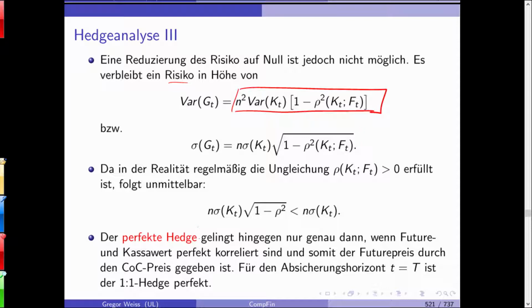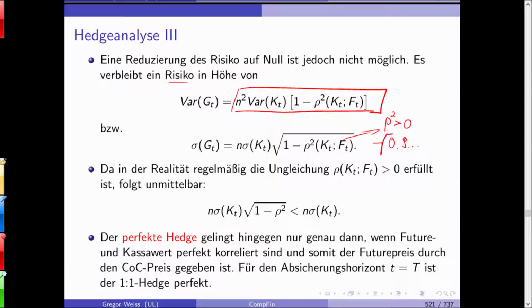Meaning that N times sigma of K_T times the square root of 1 minus the squared correlation, and this is quite simple. If this correlation, rho, is positive, then rho squared obviously is positive. Then 1 minus a positive number is less than 1.